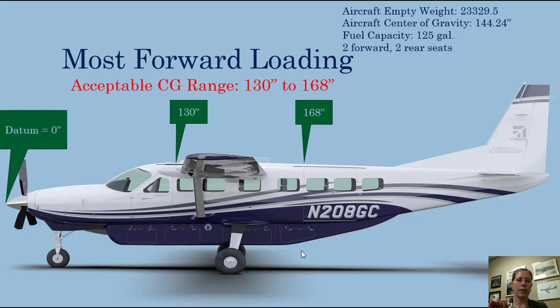So that's our center of gravity range in which the aircraft is balanced and everything is safe for our normal operations. But what we want to do with this calculation is figure out, using the things that we can put in the airplane, is it possible to load the airplane outside of that range of center of gravities? We don't want that to be a possibility, so that's why we're checking to see if that is a possibility.